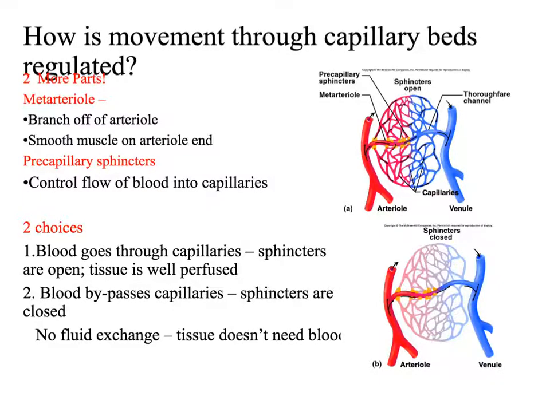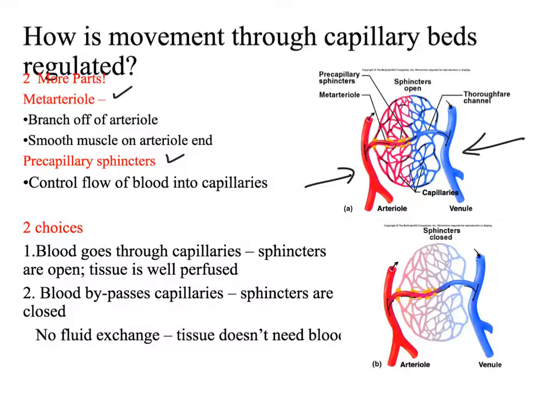Now, how do we control how the blood is moving through the capillaries? Before we do that, we have to talk about two more parts. Here's an arteriole, and here's the venule.